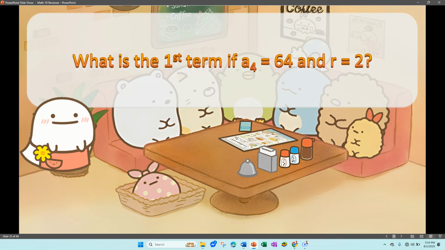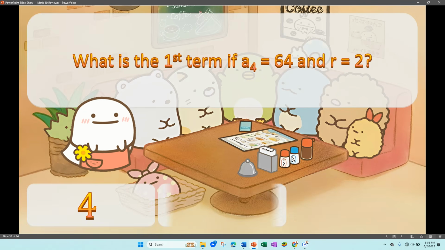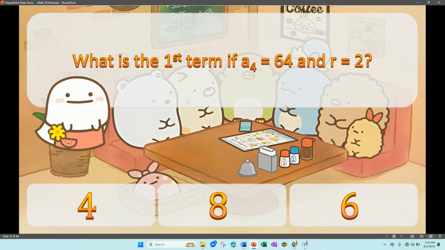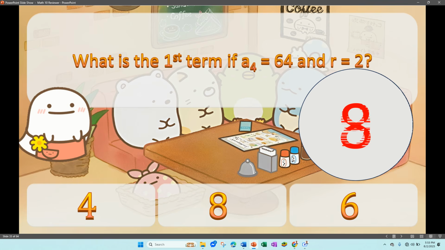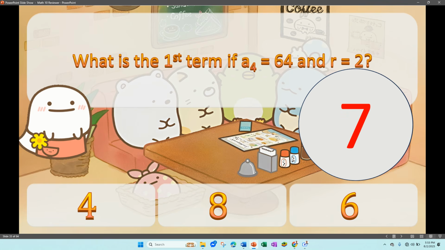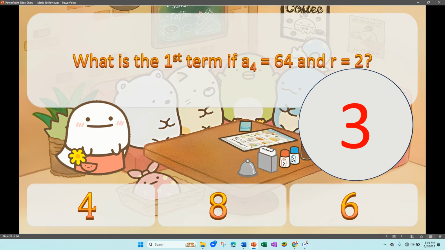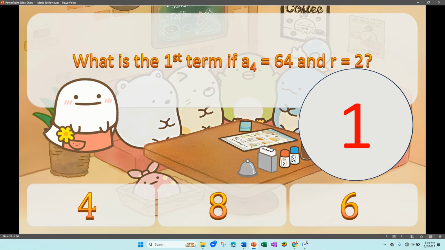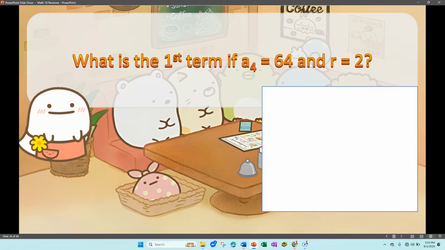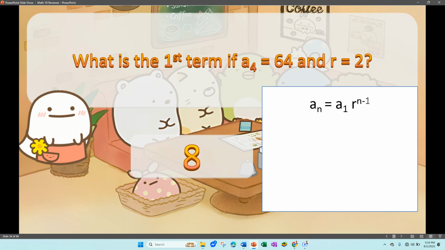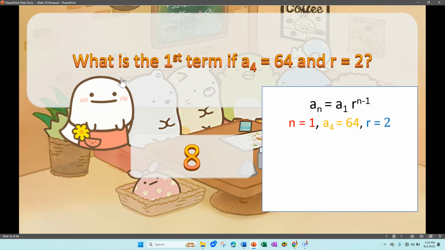What is the first term if the fourth term is 64 and the common ratio is 2? 4, 8, or 6? 10 seconds, go. Time is up. We will apply the geometric sequence formula, where n is equal to 1, because we are looking for the first term.